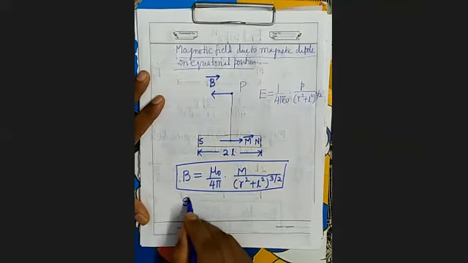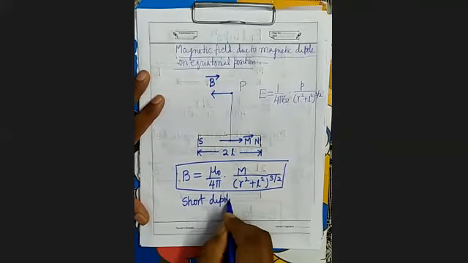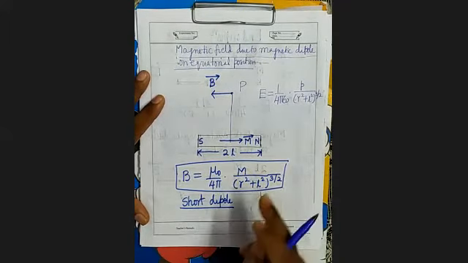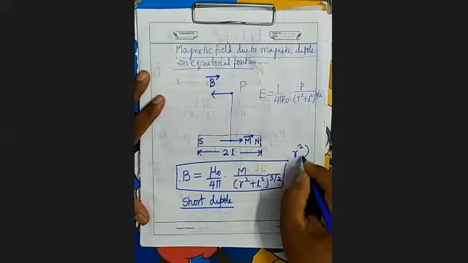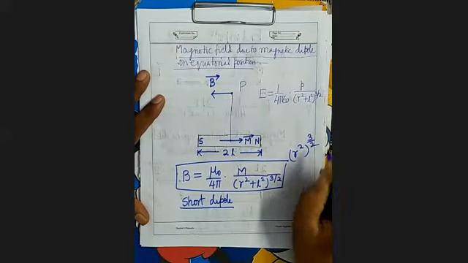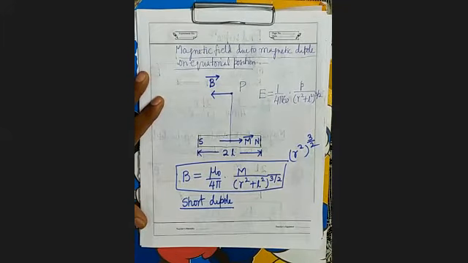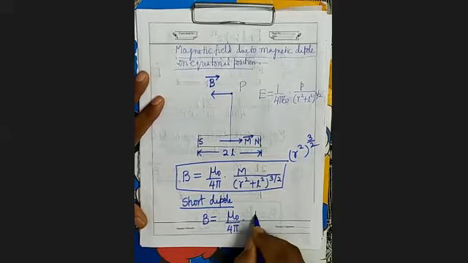Now for the short dipole, if the dipole is of short length, the term of L can be neglected. जब L की जगह पर हम 0 रख देंगे तो बचेगा r स्क्वायर की पावर 3/2. Simplify, what will you get? R cube. You will get R cube, means B equals to mu naught upon 4 pi M upon R cube.